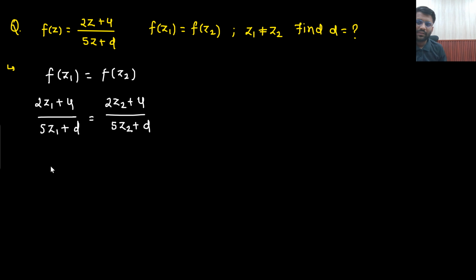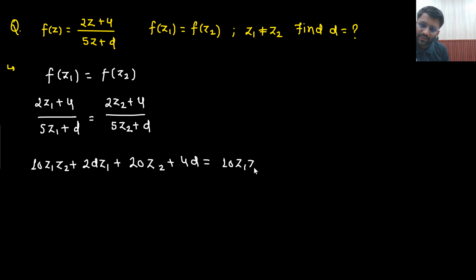Now you solve this. So 10 z1 z2 plus 2d z1 plus 20 z2 plus 4d equivalent to 10 z1 z2 plus 20 z1 plus 2d z2 plus 4d. Right?